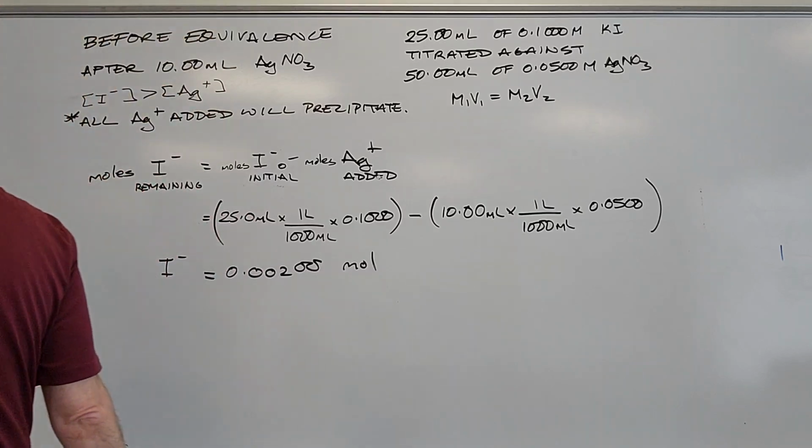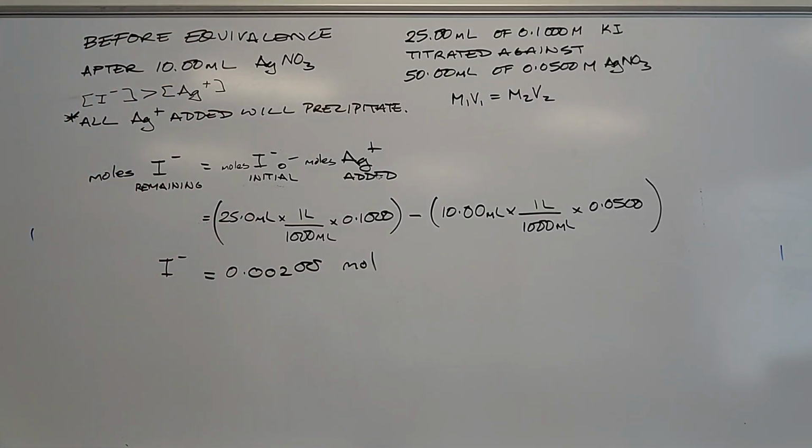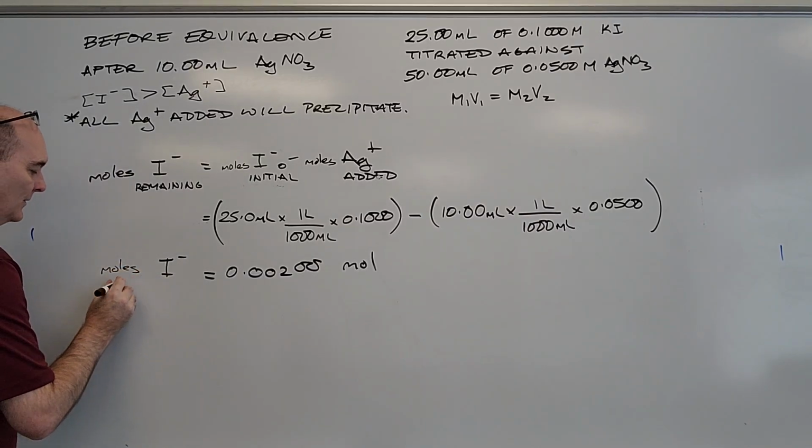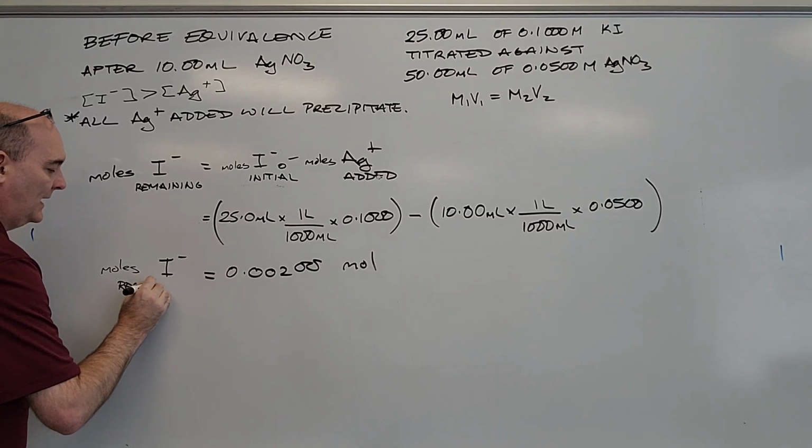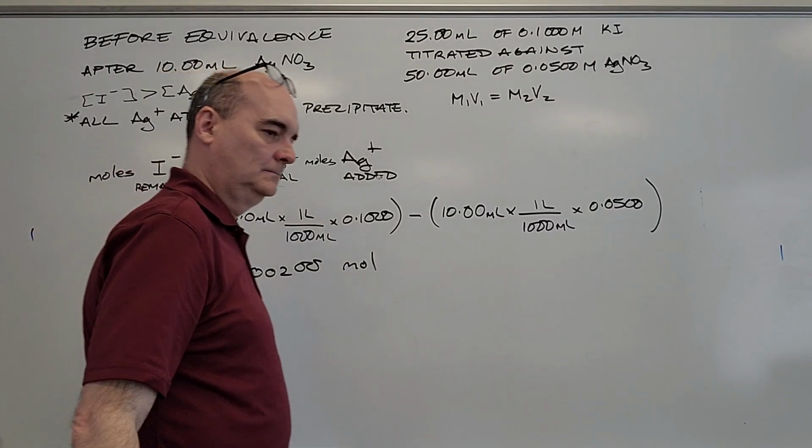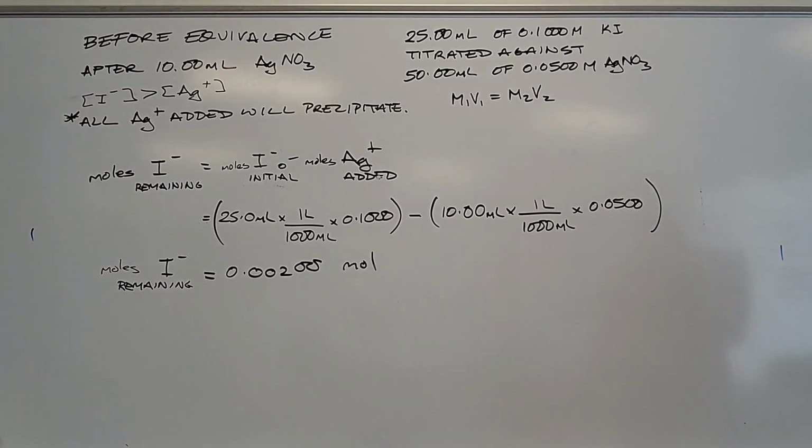When I add 10 milliliters of silver nitrate to the 25 milliliters of potassium iodide, the silver reacts with however many moles of iodide it is equal to, and then that gives me this. This is my moles of iodide that are still left over. That's the moles of iodide remaining. Okay, let's look at what we have done to the solution.